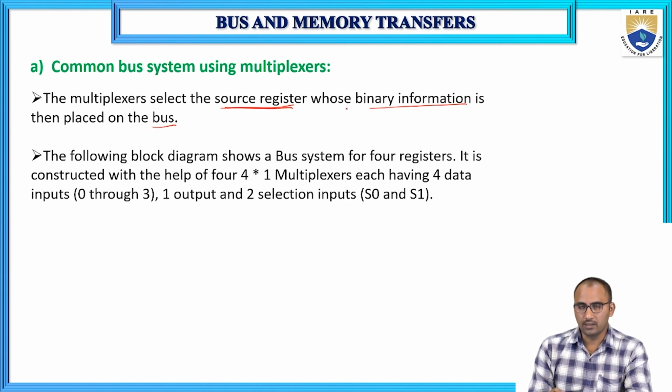Then that information is given to the multiplexer, and it will be passed on to the common bus. So that is the process.